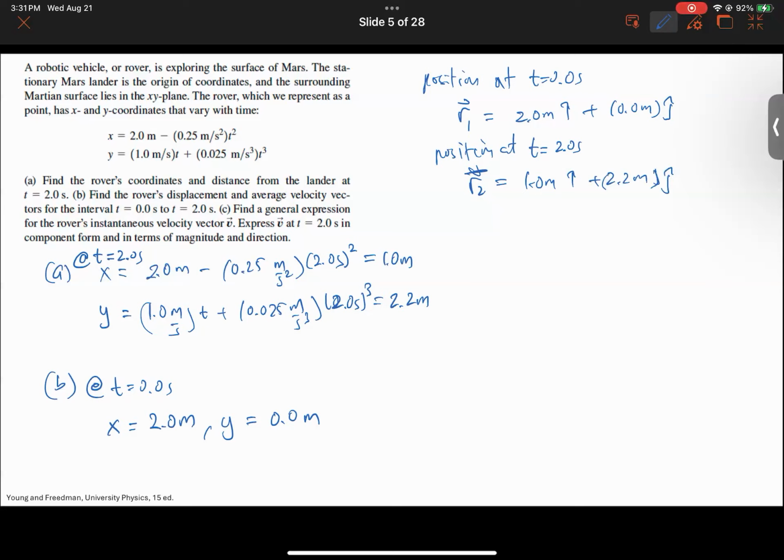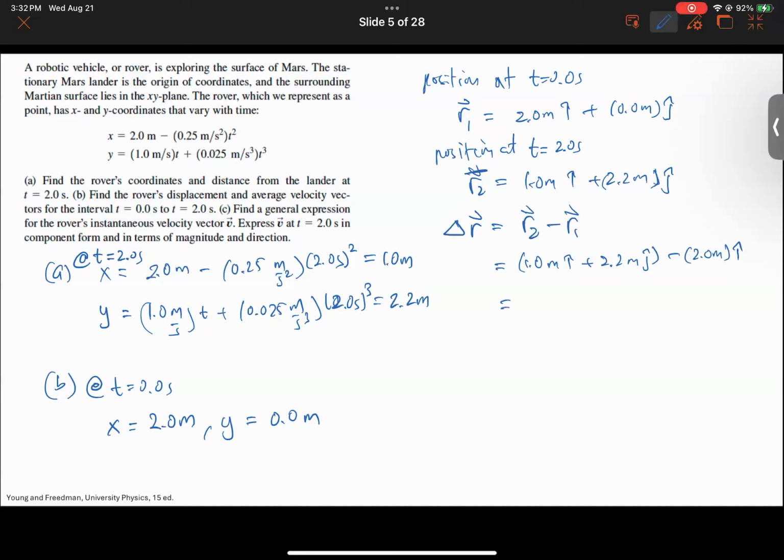So ibig sabihin, ang kanyang displacement is given by R2 minus R1. So this becomes 1.0 meters i hat plus 2.2 meters j hat minus 2.0 meters i hat.